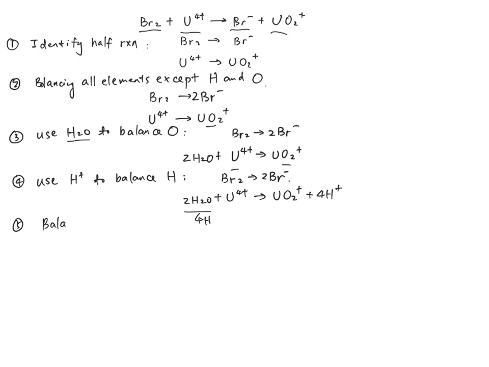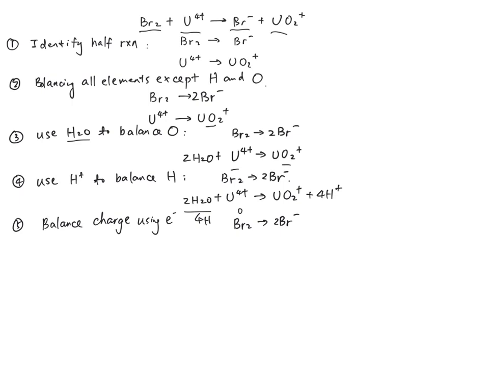Balance charge in half reactions using electrons. All right, so Br2 turns into 2Br minus. Now, what's the difference? There is 0 charge on the left side, since it's a neutral molecule. On the right side, you have 2 bromide ions, 2 times negative 1 charge.